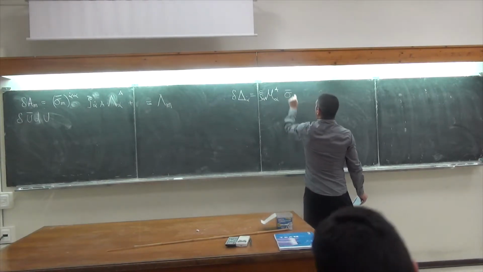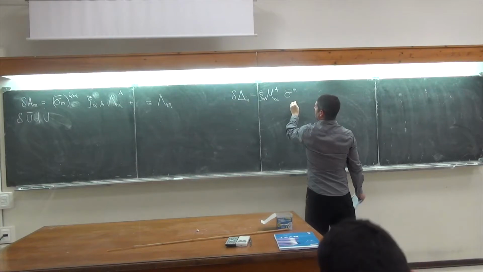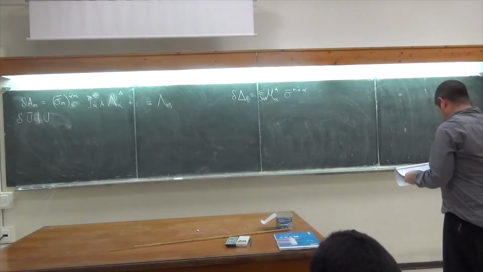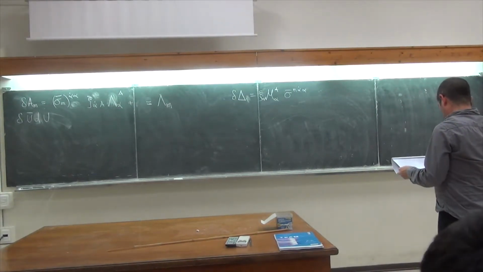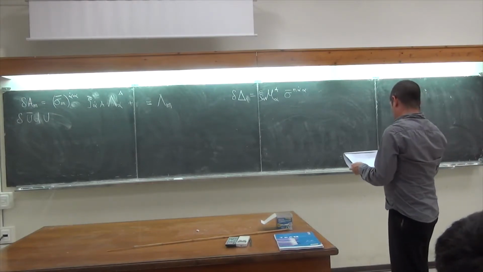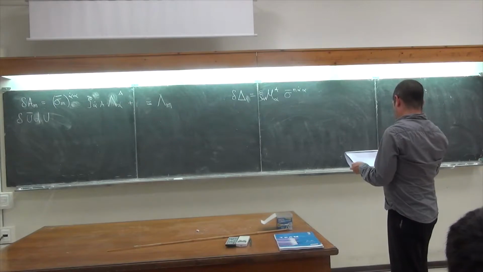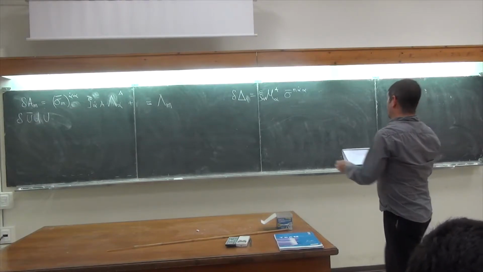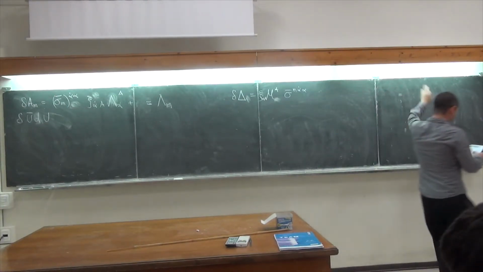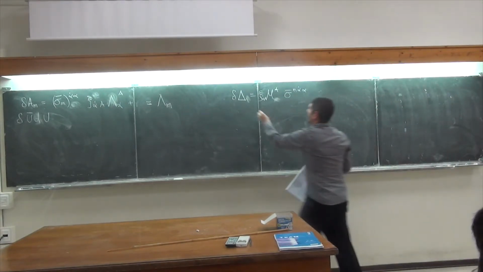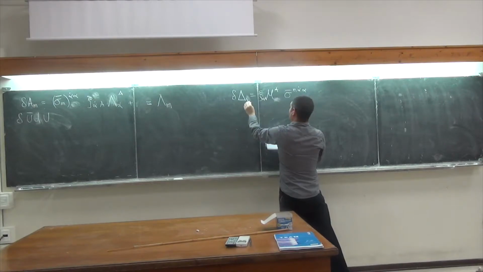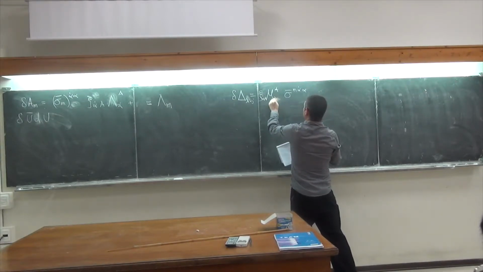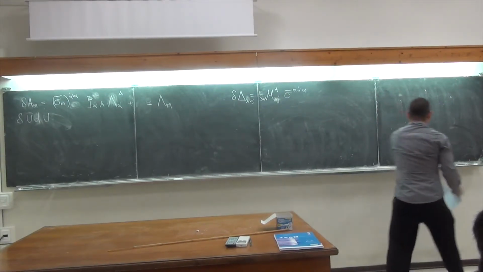Sigma_m. M was a matrix. M was this matrix that was lambda alpha dot J, and M was something that was lambda J. Okay.